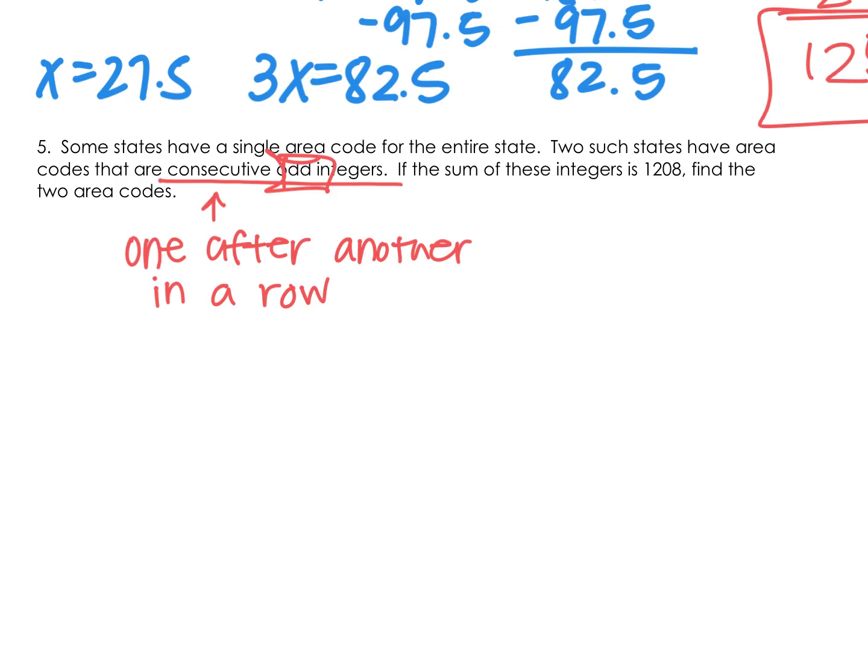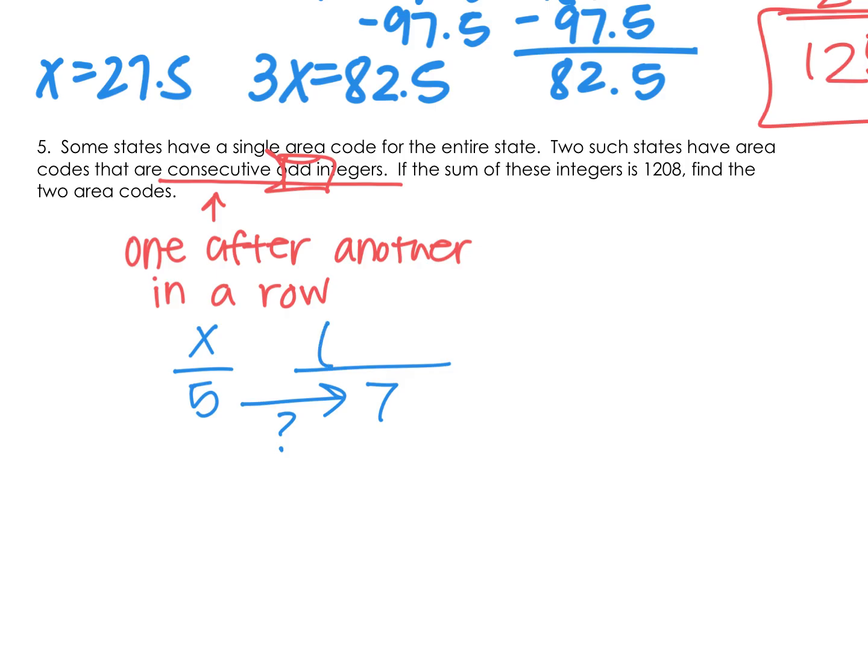So for consecutive odd integers, if the first integer is x, we need to figure out what the second integer would be. How we do this is I like to pick a number. So if I pick the number 5, what is the next consecutive odd integer? How do I get from 5 to 7? In math terms, you add 2.